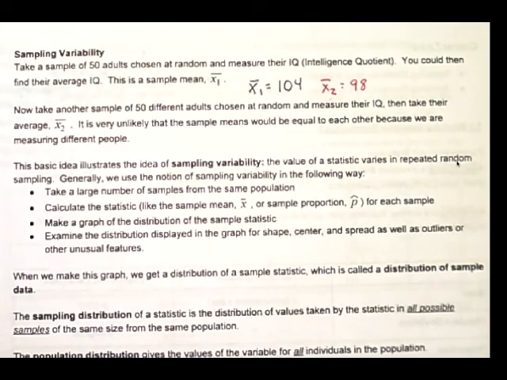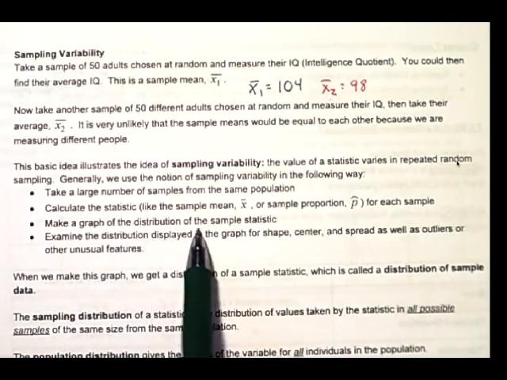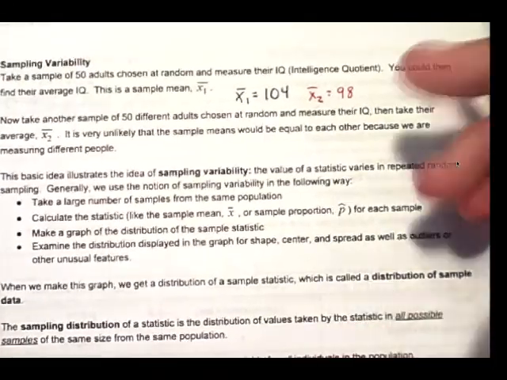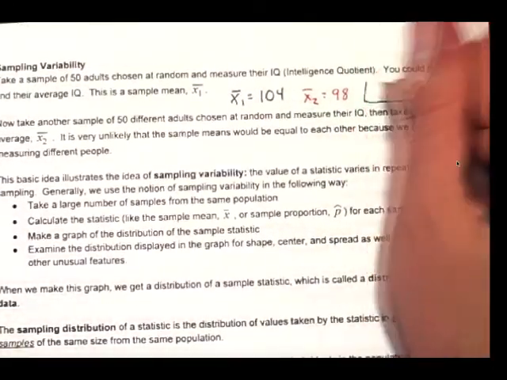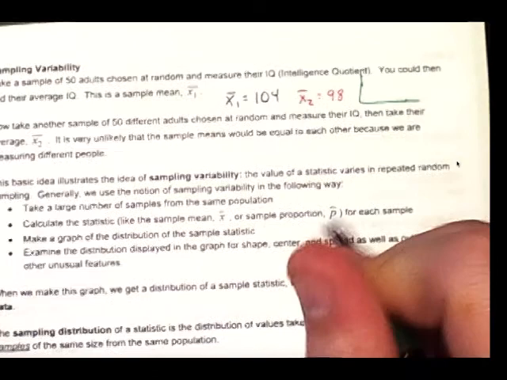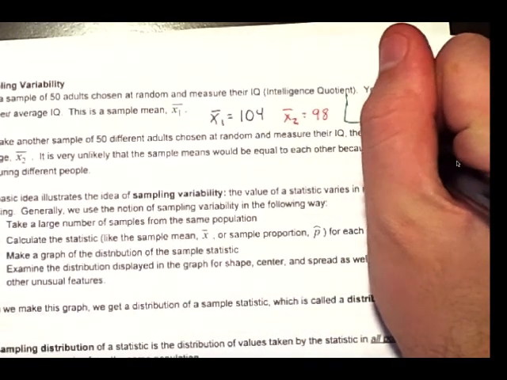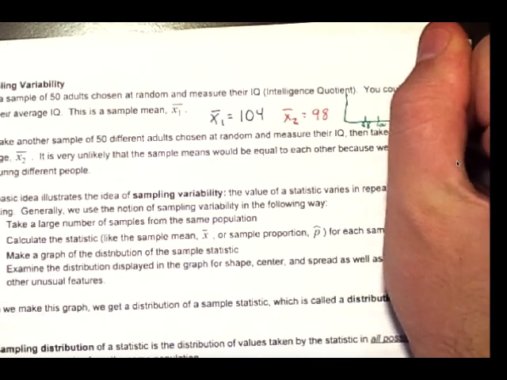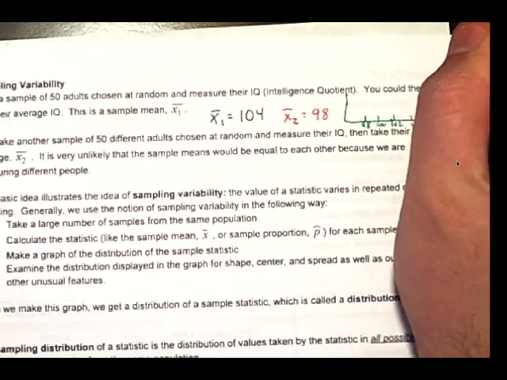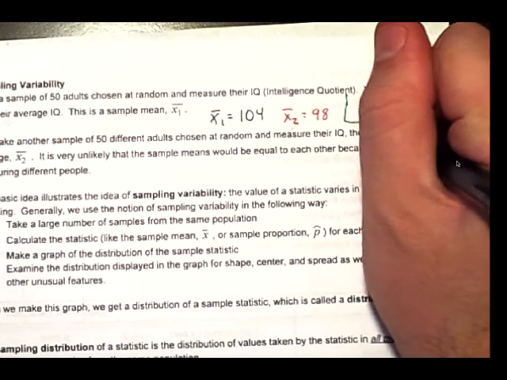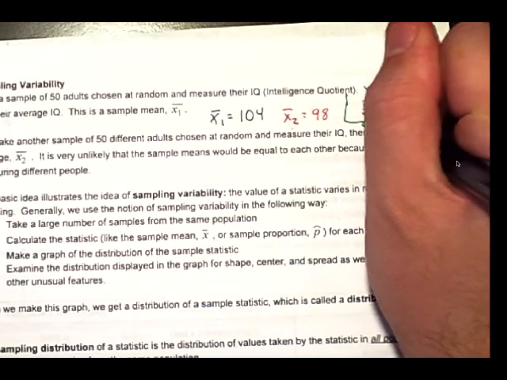And then it says make a graph of the distribution of the sample statistics. So if I were to plot all these different sample means on a graph, for instance 98, 100, 102, 104, and as I start plotting, these are all different X bars.